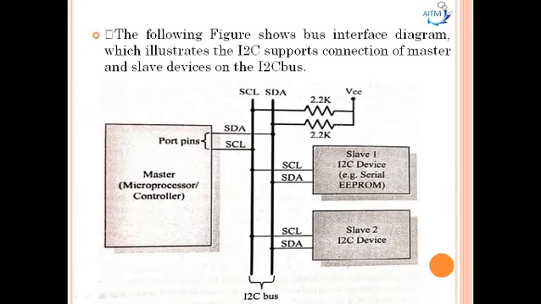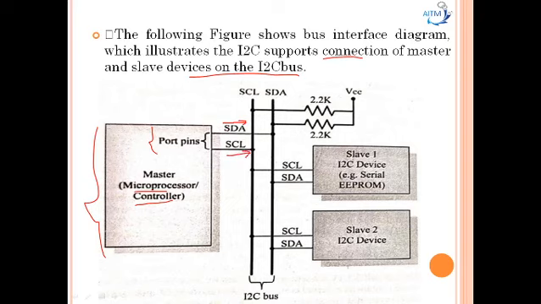The following figure shows the bus interface diagram which illustrates the I2C support for connection of master and slave devices on the I2C bus. This is the master device, that is either a microprocessor or a microcontroller. These are the port pins of the processor or controller, which has two lines: one is the serial data line and the other is the serial clock line.